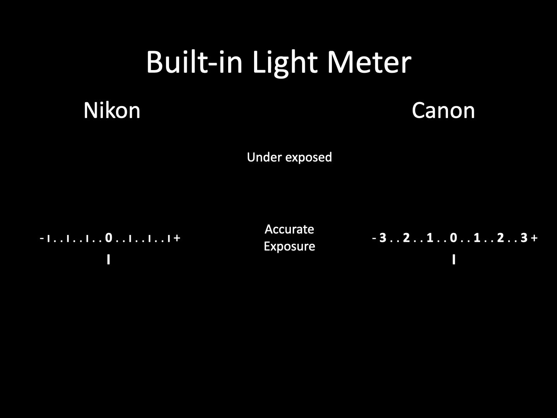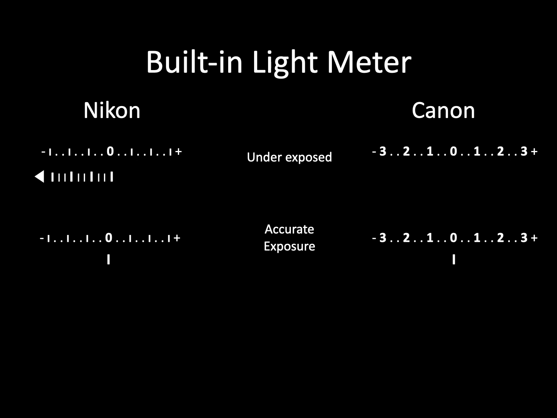Now, underexposure will tell you that there's not enough light coming onto the sensor and the image is going to be too dark. For a Nikon and a Canon, it works slightly differently. Nikon shows a series of little lines, and if it goes beyond the scale of 3 stops either side of accurate, Nikon will show you a little arrow that says you are off the scale.